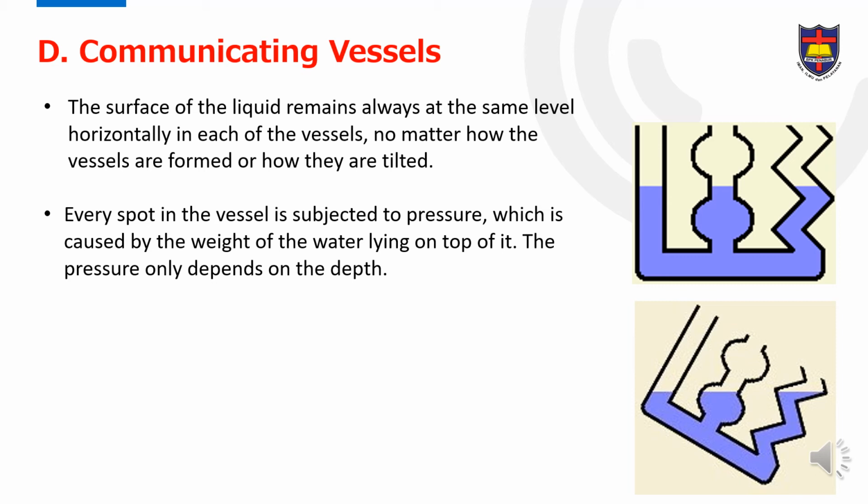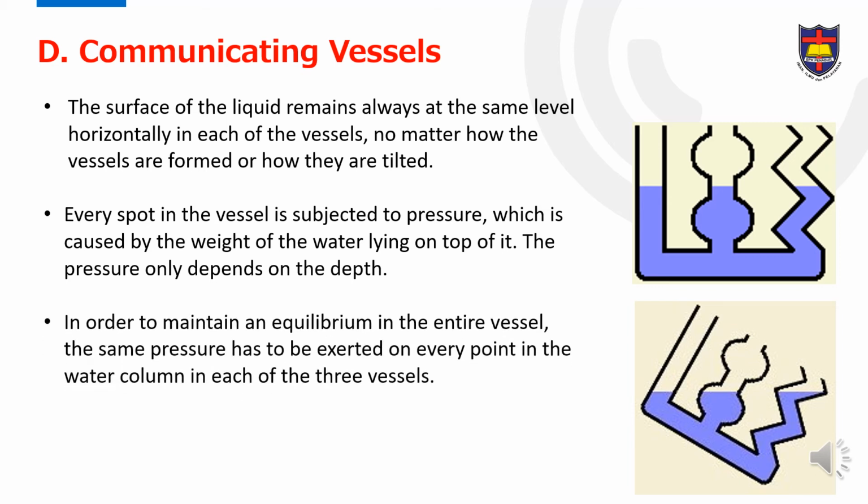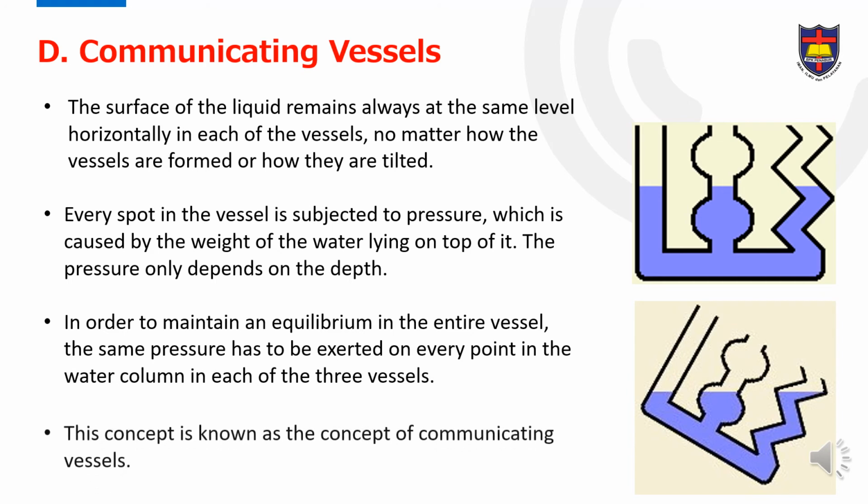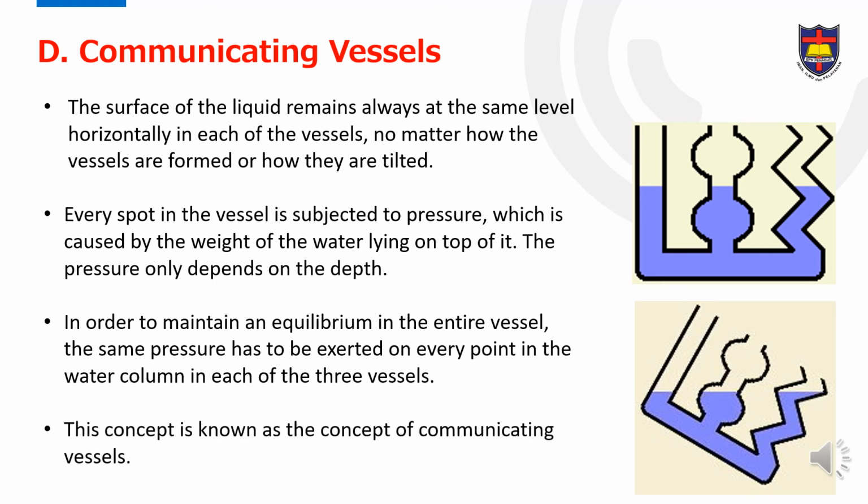The pressure only depends on the depth. In order to maintain an equilibrium in the entire vessels, the same pressure has to be exerted on every point in the water column in each of the three vessels. This concept is known as the concept of communicating vessels.